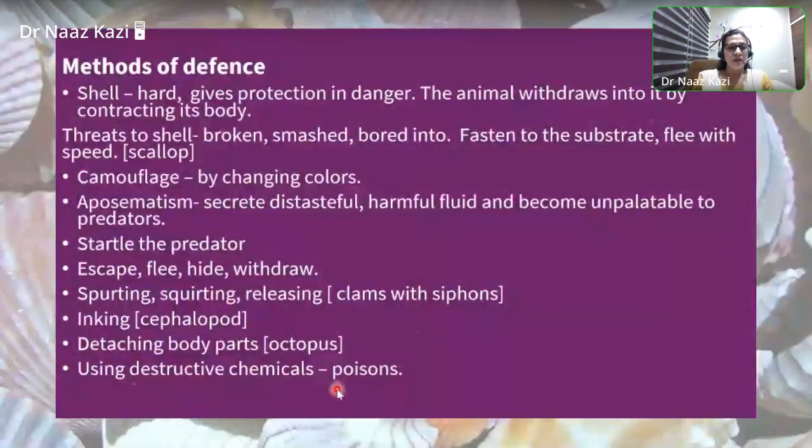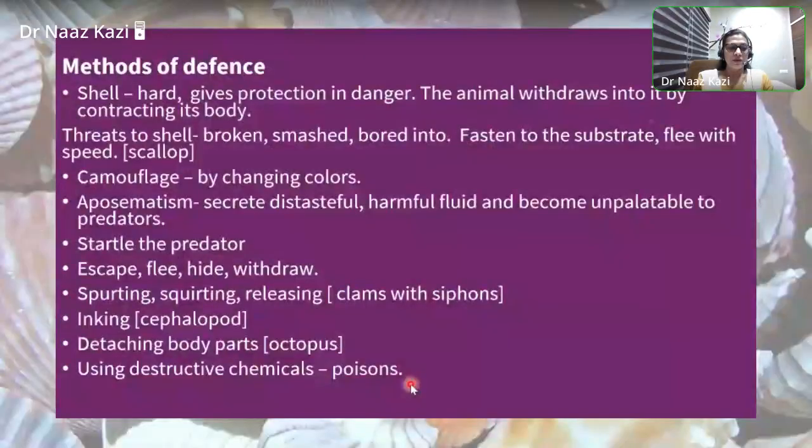Mostly the octopus has this ability to give away its arm. They have so many arms, right? If the predator gets hold of one arm, it just leaves the arm and goes away, and it can regrow this arm back. They use some destructive chemicals like poisons. Mostly the cephalopods use this, shooting with the poisons.